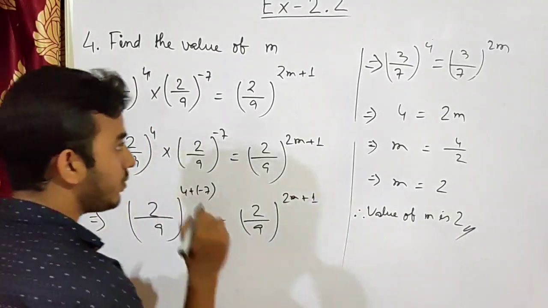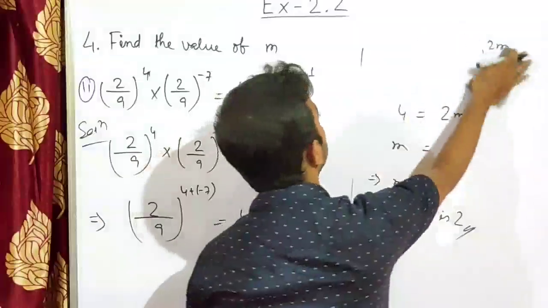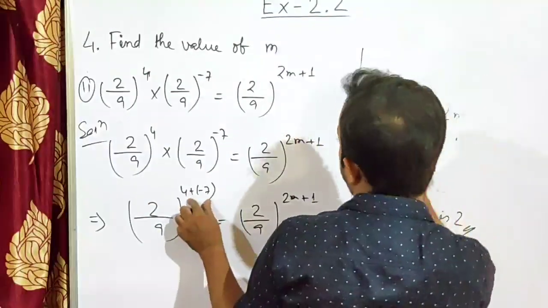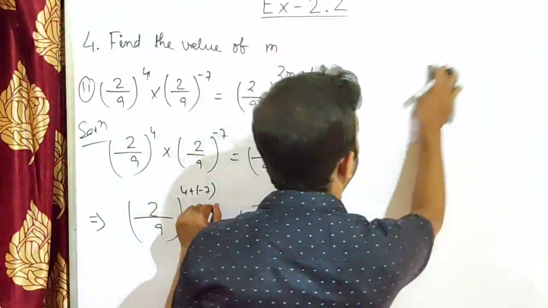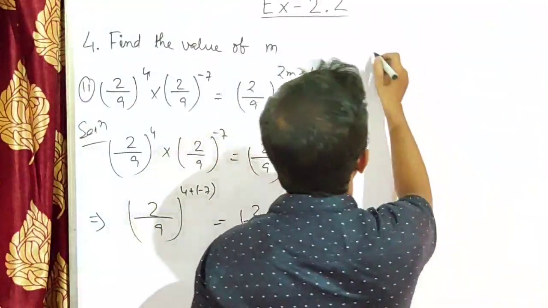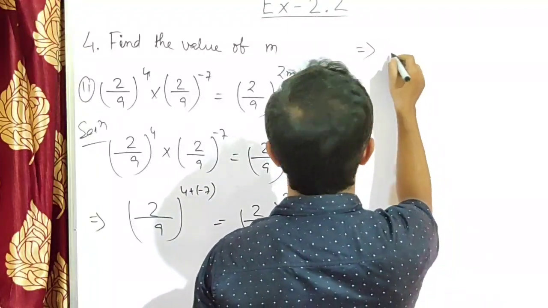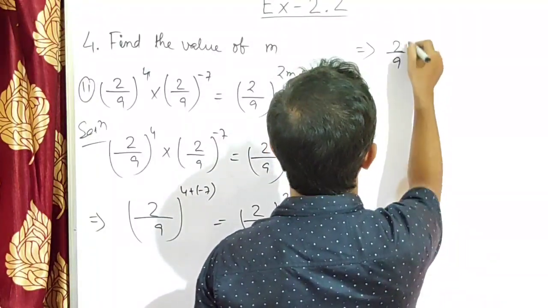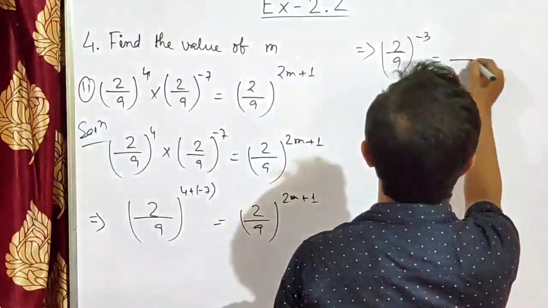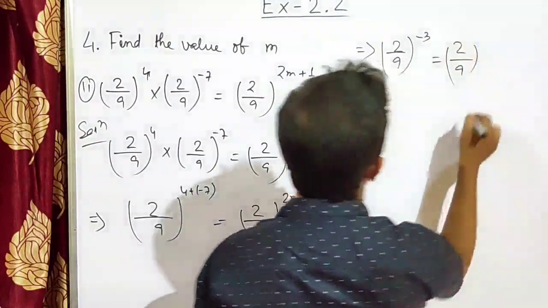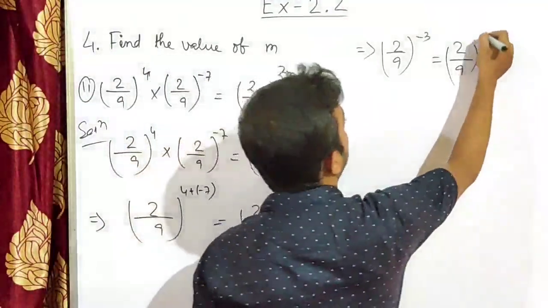Next step, we have to solve this. 4 plus minus 7 is 4 minus 7, which is minus 3. So we write (2/9) to the power minus 3 equals (2/9) to the power 2m plus 1.